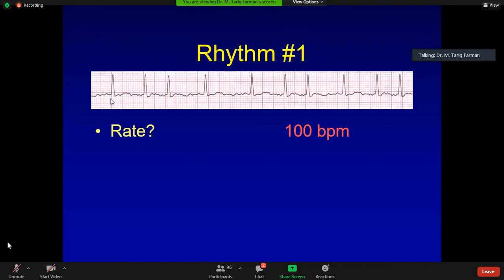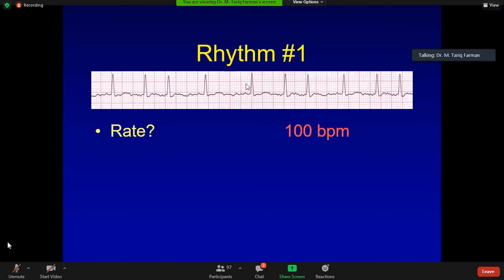If you have this 6-second strip, now what you have to do next? You need to count these QRS complexes over this 6-second strip. How many QRS complexes over this 6-second ECG strip? 1, 2, 3, 4, 5, 6, 7, 8, 9, 10.